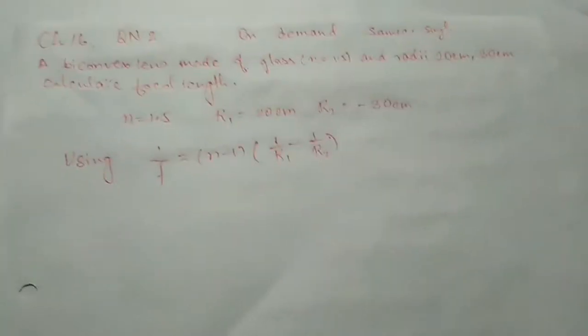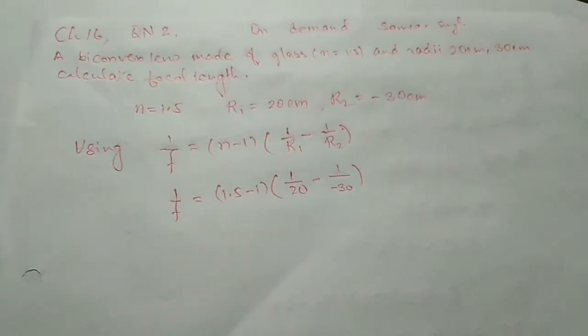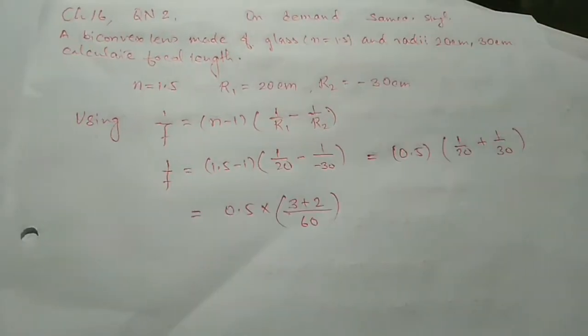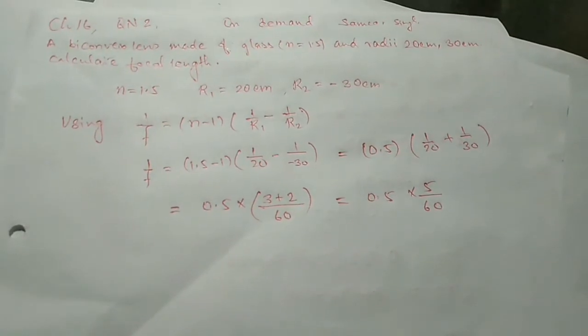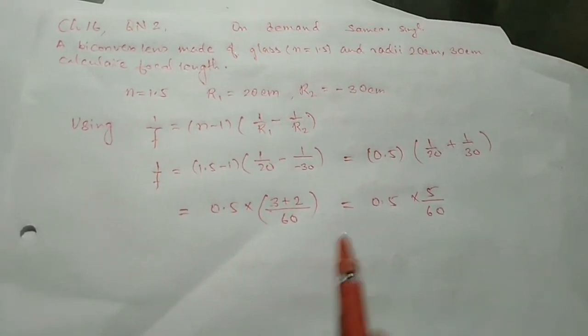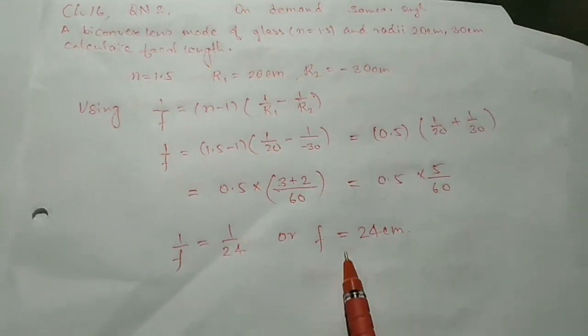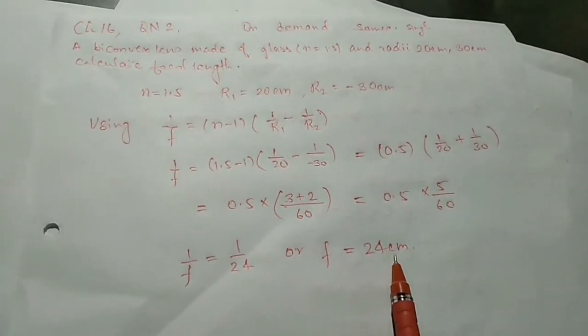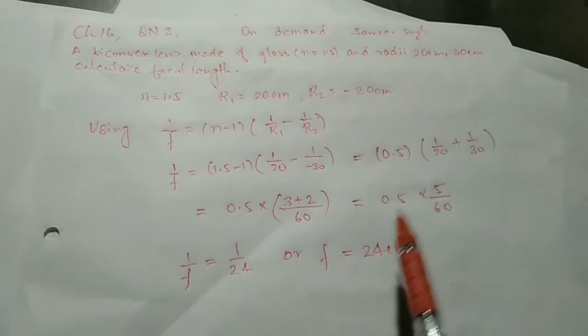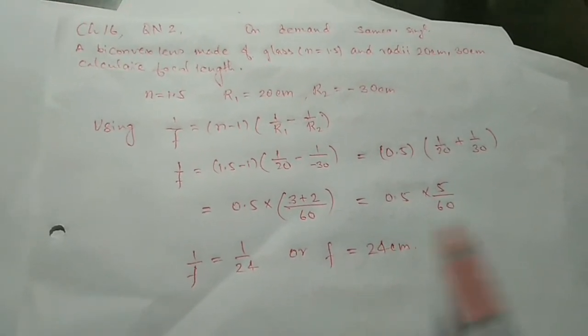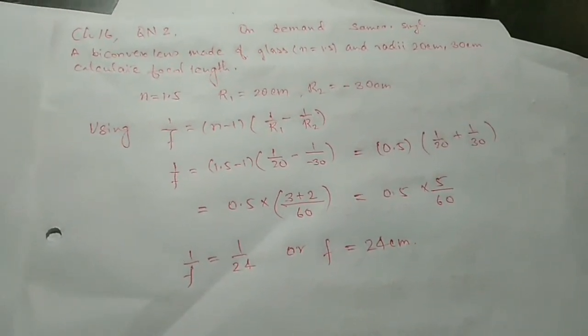Using this equation, fill in the values. On solving this, 1 upon f is equal to 1 upon 24, or f is equal to 24 centimeter. Why centimeter? Because the radii of curvature are in centimeter, so the focal length will also be in centimeter.